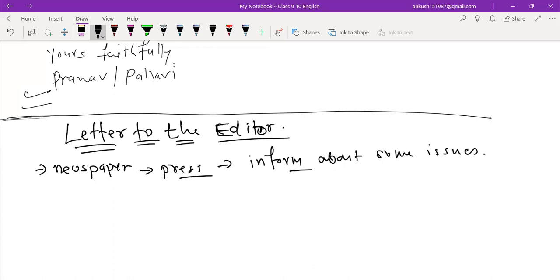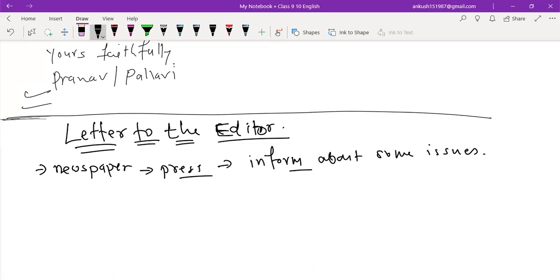In these letters, the language we use should be such that sometimes we can make the person liable to understand, but sometimes we take disadvantage of that person's leniency. Whenever we are writing this, we must not impart any false information.